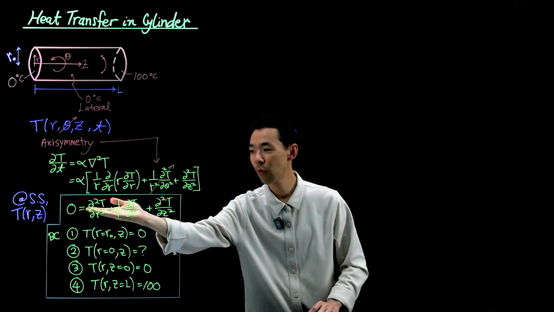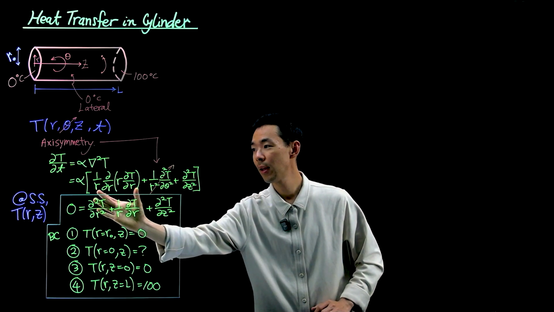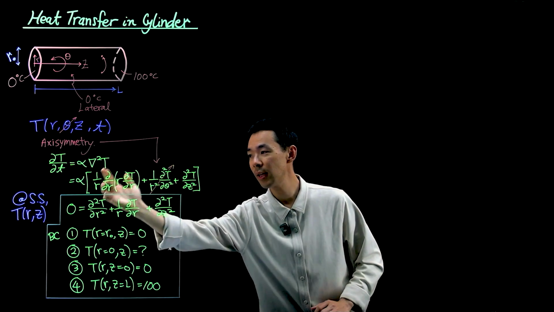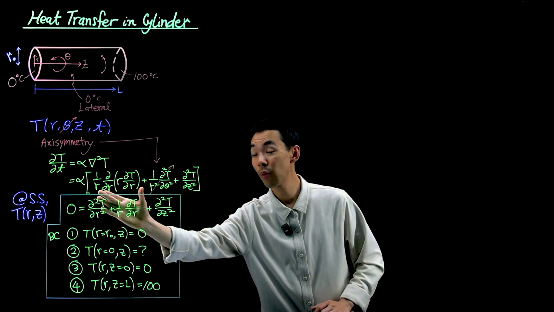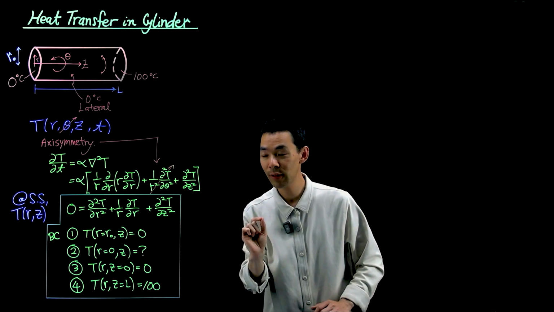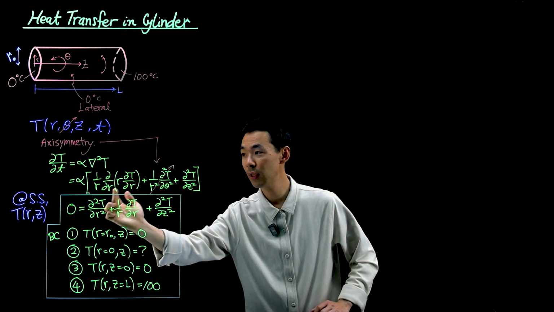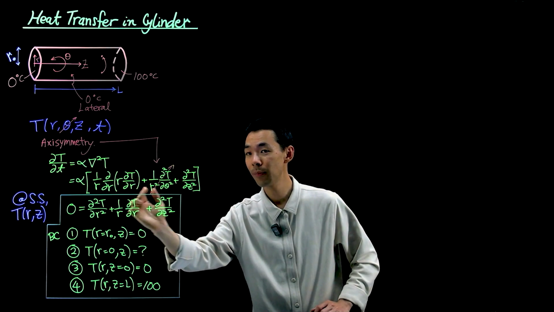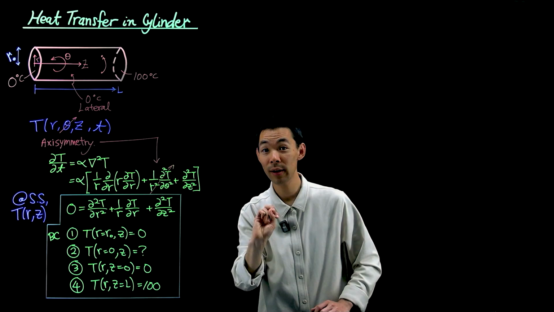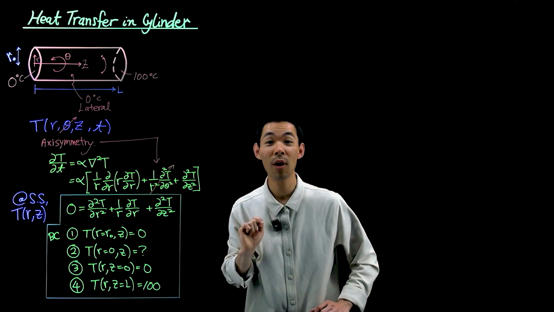This line right here on top is simply taking this r second derivative using the product rule. The way you could see it is you take the product rule first of this first partial derivative of r, partial T, partial r. You get 2 terms out of that. The second derivative is going to have an r that will cancel the 1 over r outside.